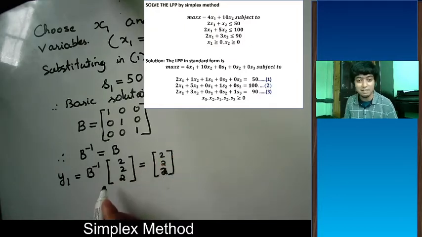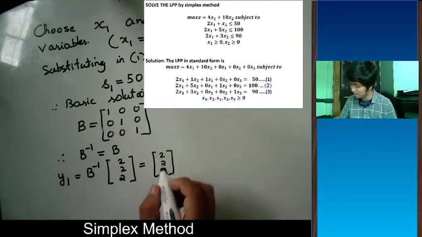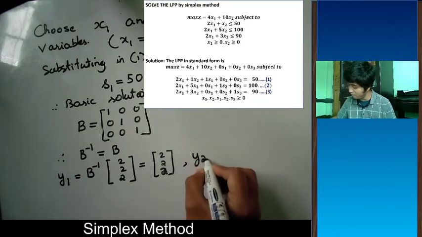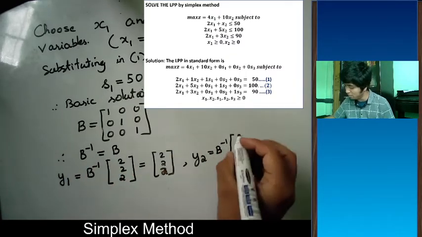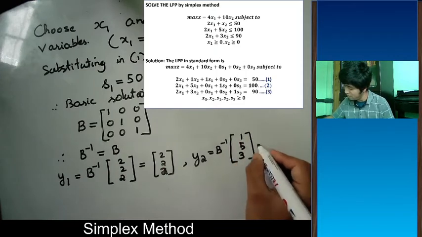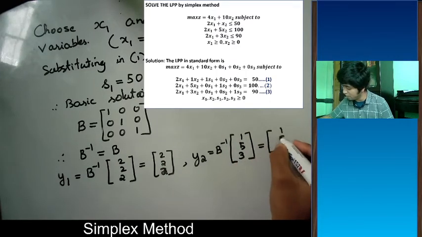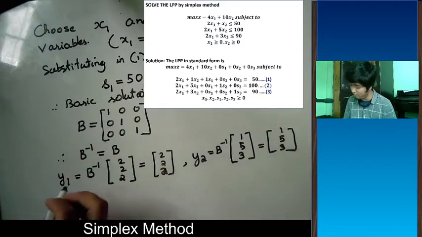Just multiply B inverse with this matrix and you will have this. Similarly, you can find Y2. It will be B inverse times the second column, which is 1, 5, 3. Again, it will remain as 1, 5, 3. Similarly, you can find Y3, Y4, and Y5.